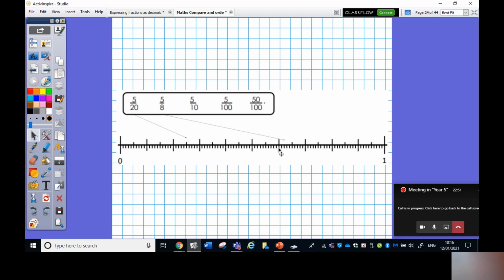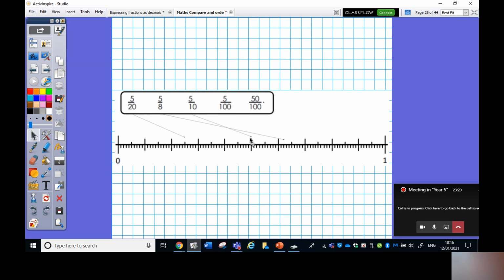It was the equivalent of how many hundredths? Can you remember? Good, 12.5 hundredths. Now I know that half is 4/8, so from my halfway, I'm going to count 12.5, which makes 5/8 here. Again, I'm using those connections to find really quite tricky fractions.